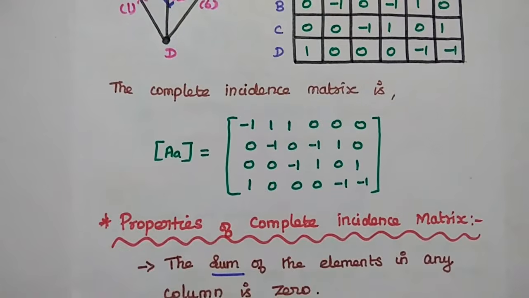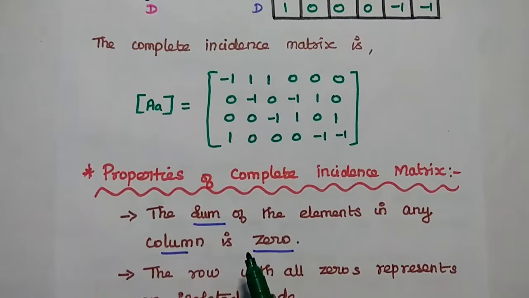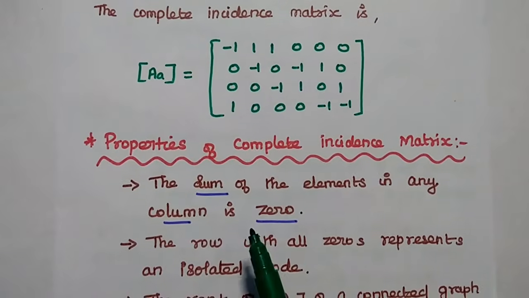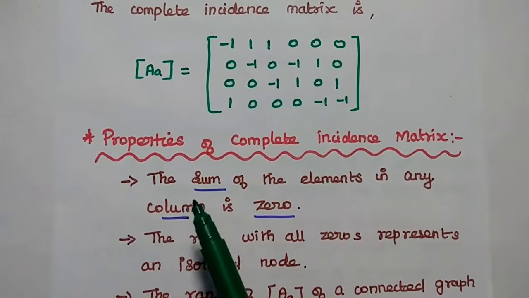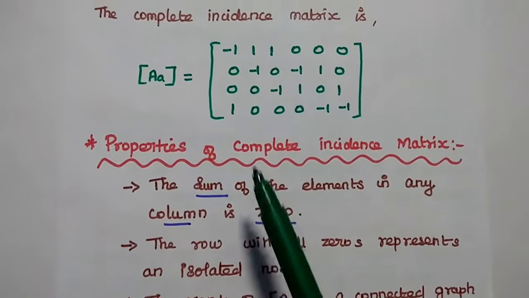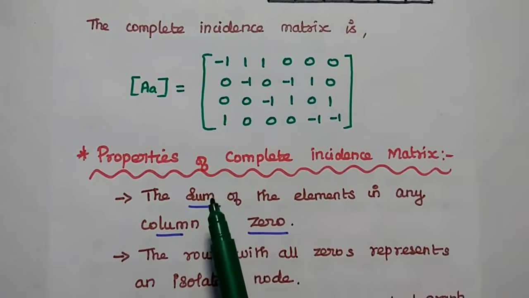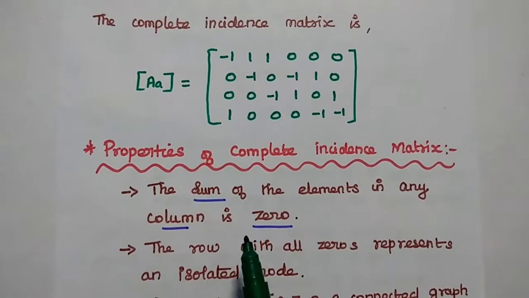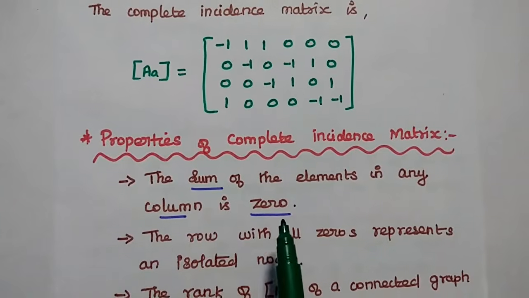Do you all understand this? Okay. So from this incidence matrix, we can define certain properties of this complete incidence matrix. The first one is the sum of the elements in any column is 0. If we add all the elements in this column, we simply get 0.